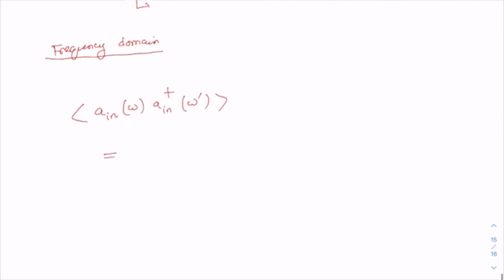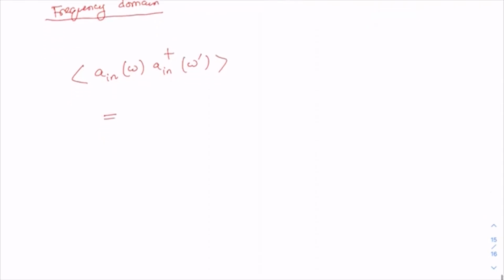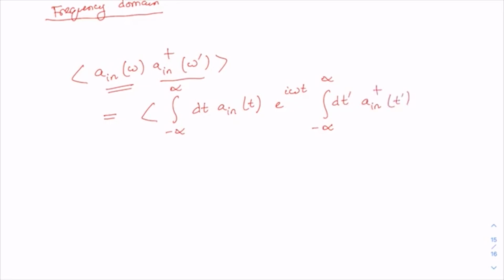First let me write the Fourier transform: the integral from minus infinity to plus infinity dt A in of t e to the power I omega t, and for the second term the integral from minus infinity to plus infinity dt dash A in dagger T dash e to the power I omega dash T dash.